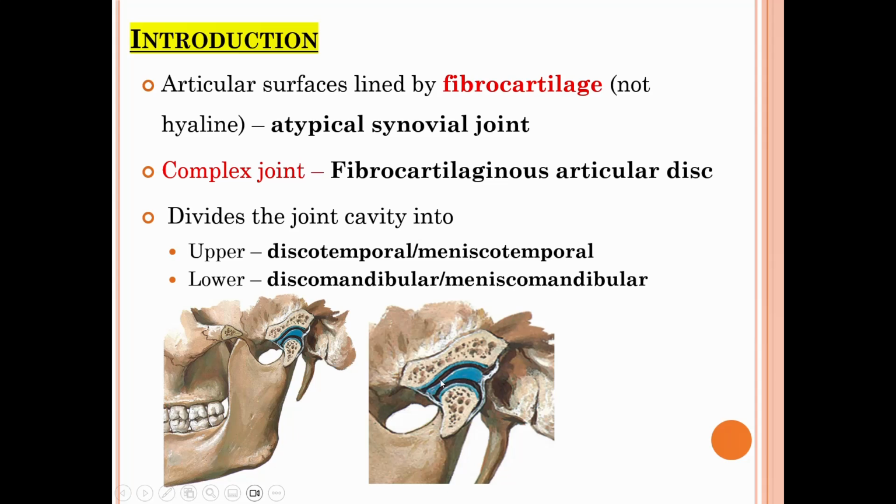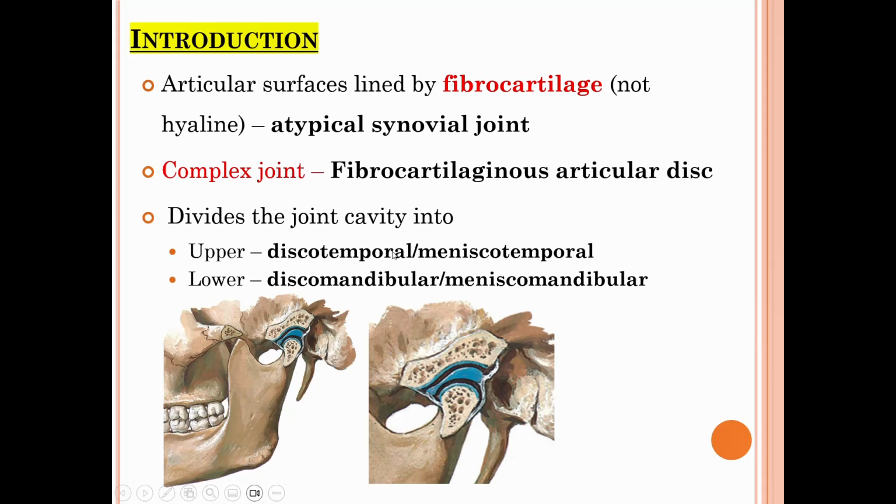There is the upper one which is known as discotemporal or meniscotemporal, and the lower one which is known as discomandibular or meniscomandibular part of the cavity of the joint. So I hope you understood what the meaning of complex joint is here, why we are calling the TMJ a complex joint.